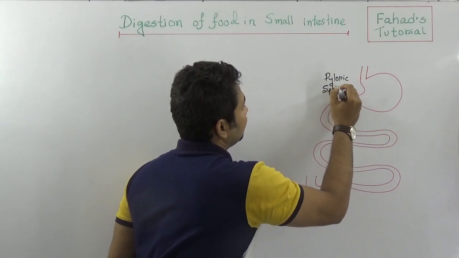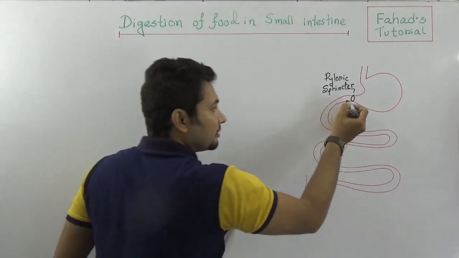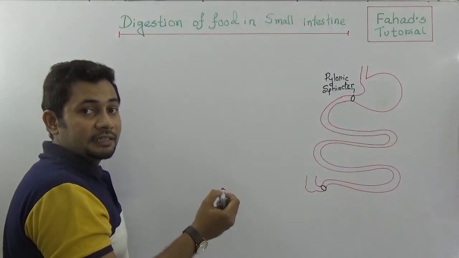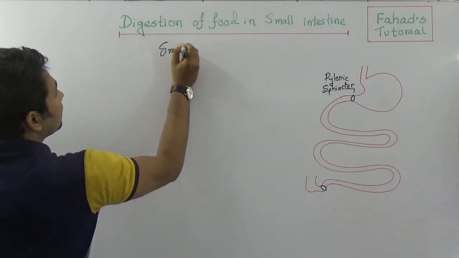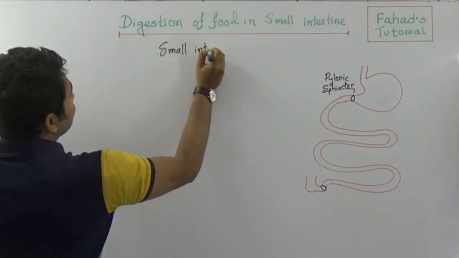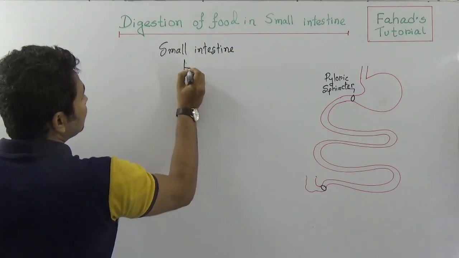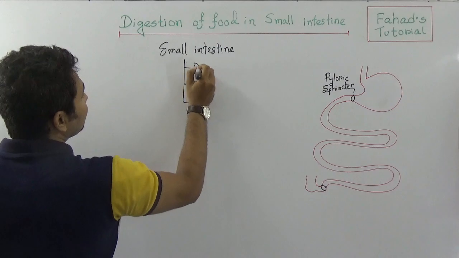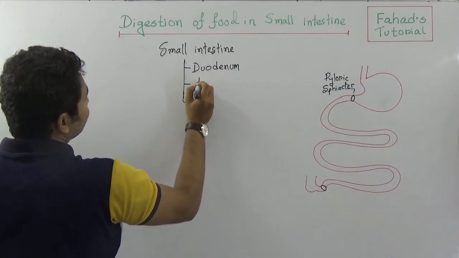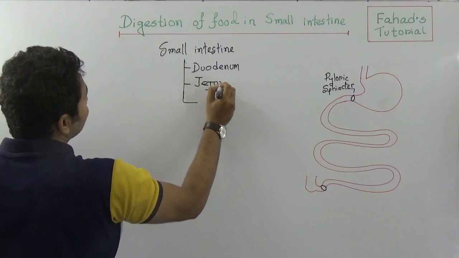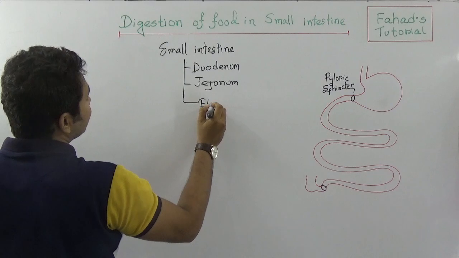So the small intestine starts from the pyloric sphincter, and the first part is called the duodenum. The small intestine has three parts: duodenum, then jejunum, and then ileum.